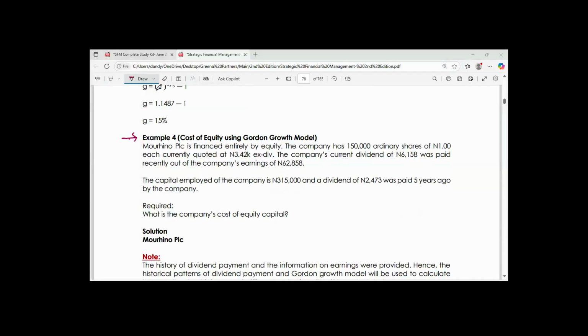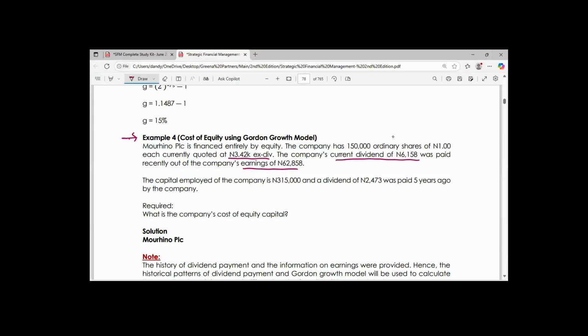Moreno PLC is financed entirely by equity. The company has 150,000 ordinary shares of 1 naira each, currently quoted at 3 naira 42 kobo ex div. The company's current dividend of 6,158 was paid recently out of the company's earnings of 62,858 naira.